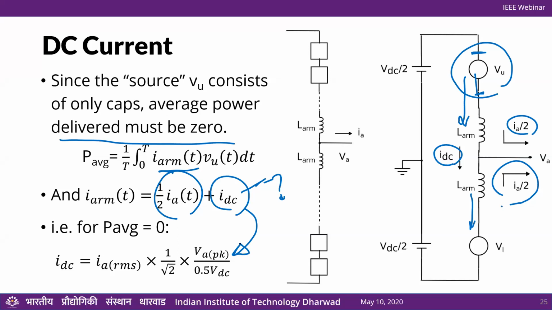So this is the beauty of this topology, that these two arms are only capacitors. They are only adding and subtracting voltages during the two half cycles. All the DC power comes from these two sources, the DC sources, and on average, VU and VL do not absorb any real power on a cycle average basis, right?